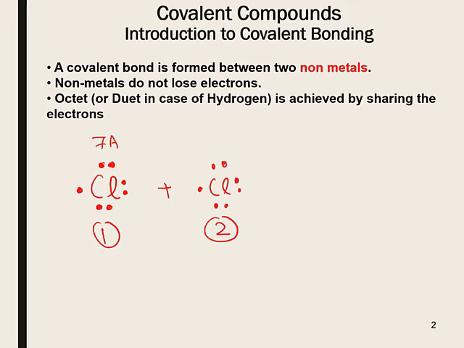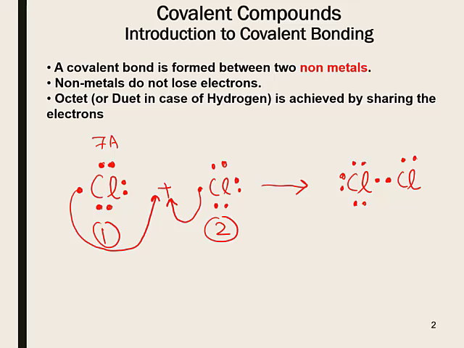Now both want to complete their octet. So what they will do is, instead of transferring the electron from 1 to 2 or 2 to 1, they will share the electron. Sharing means this unpaired electron will come in the middle and this unpaired electron will come in the middle, and they pair with each other in such a way that the shared electrons are right in the middle, and the other valence electrons are around the atom.